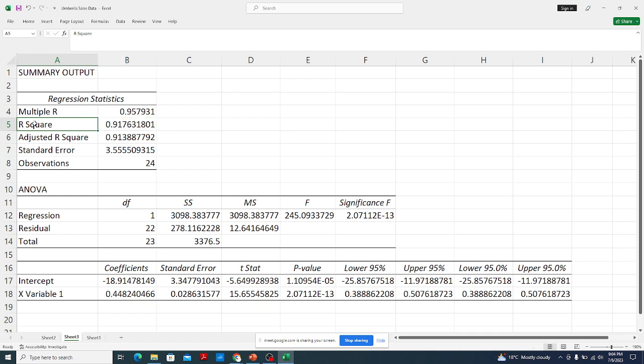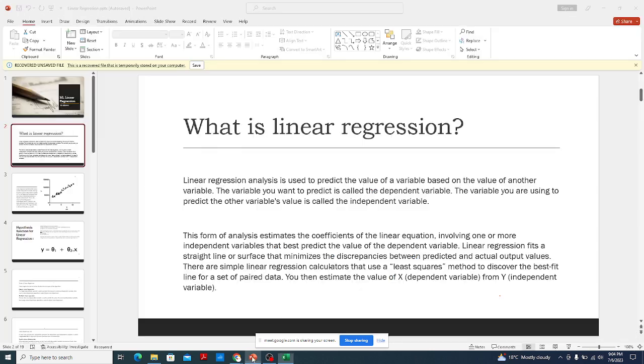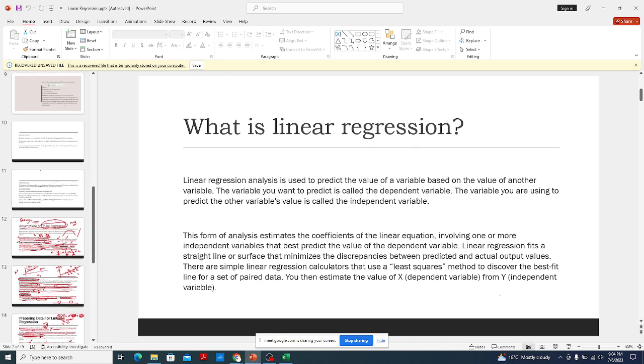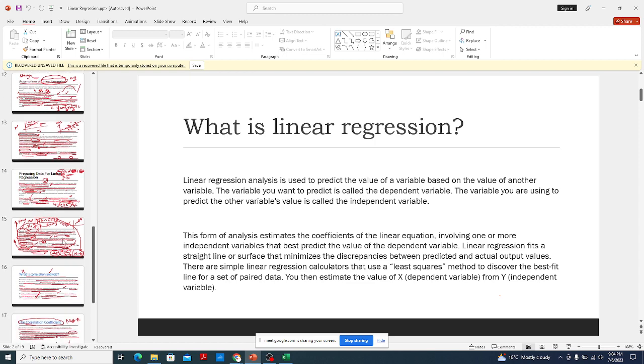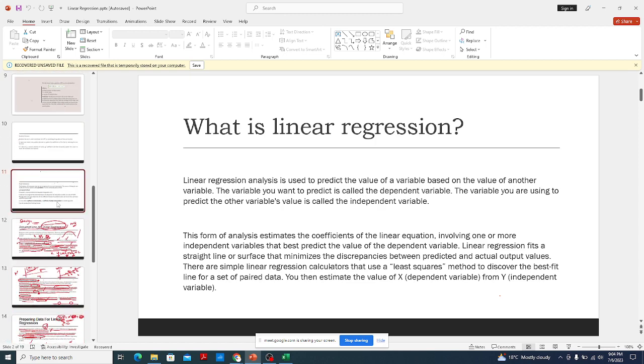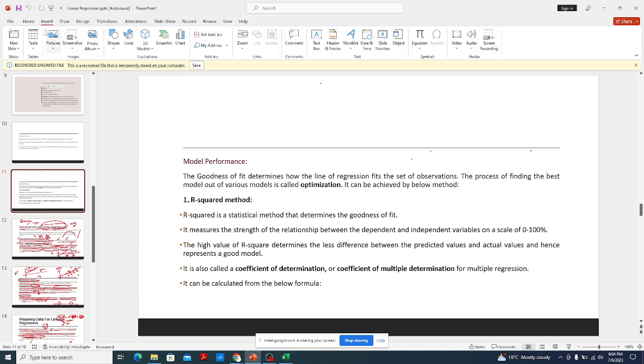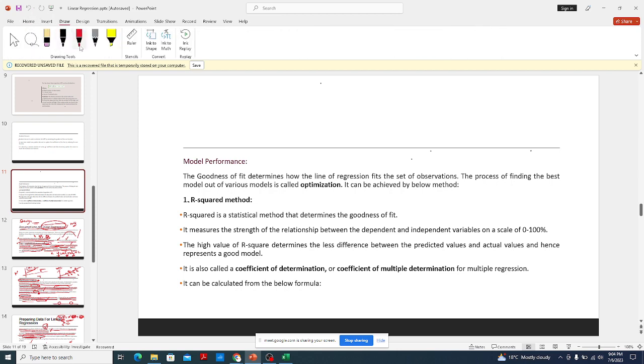Then we have what we call r squared. Remember we said r squared is the coefficient of determination. Remember in our notes, under model performance, we said that we have r squared. R squared is a statistical method that determines the goodness of fit.